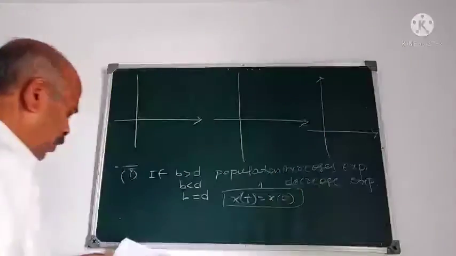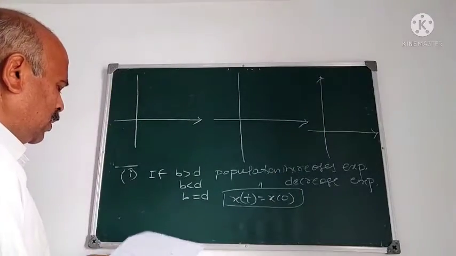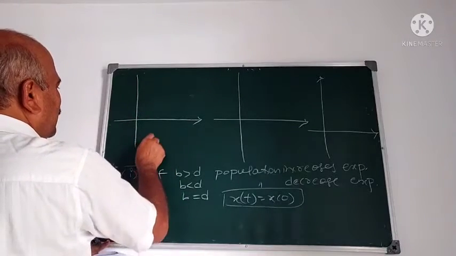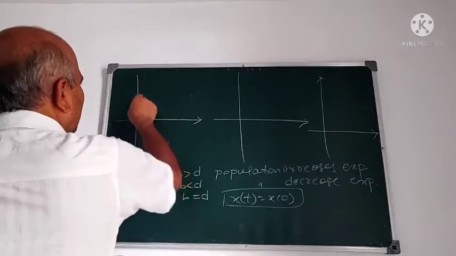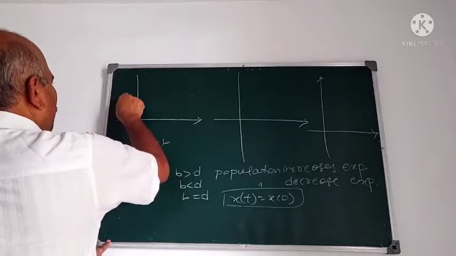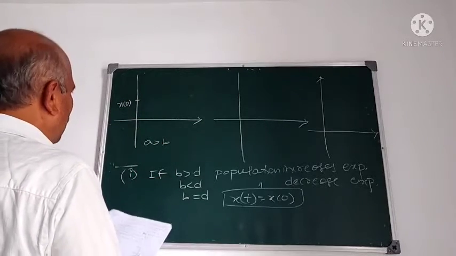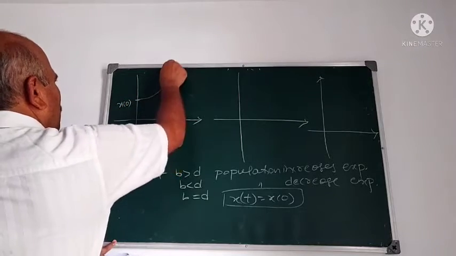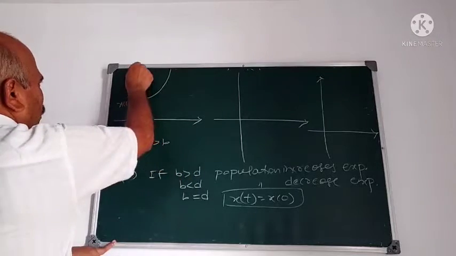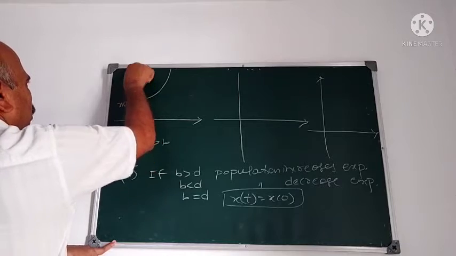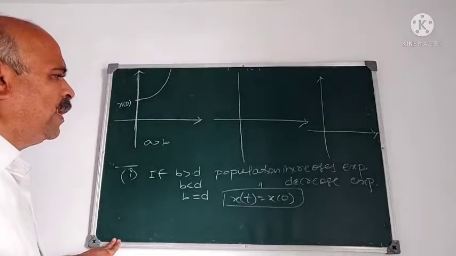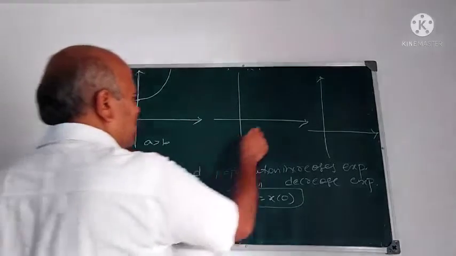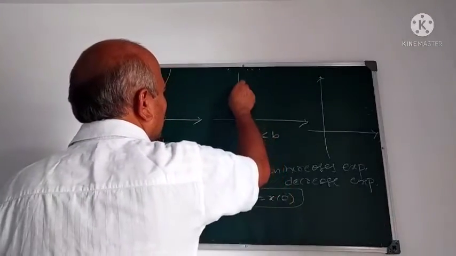Now the population curve is like this. This is the first case. Suppose a is greater than 0. Suppose this is x0, the population at given time. Population increases like this. It is the population curve when a is greater than 0. Suppose a less than 0, then what happens?